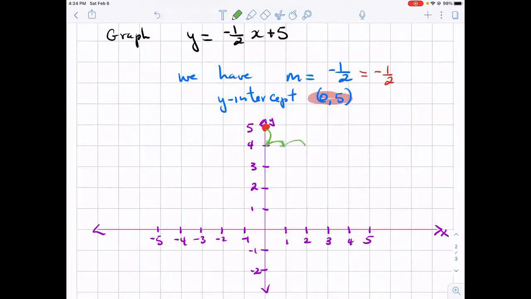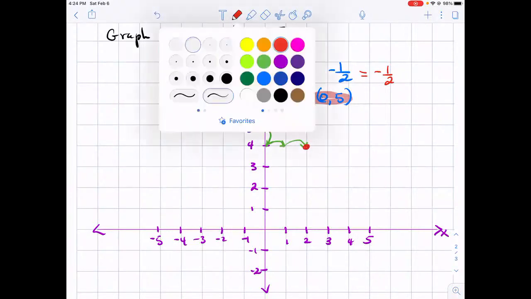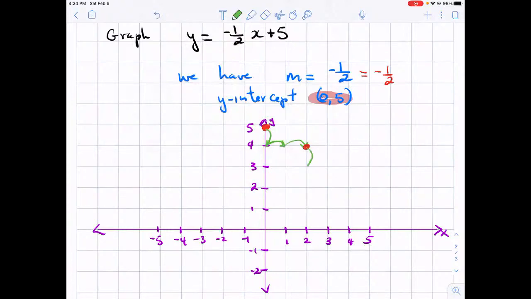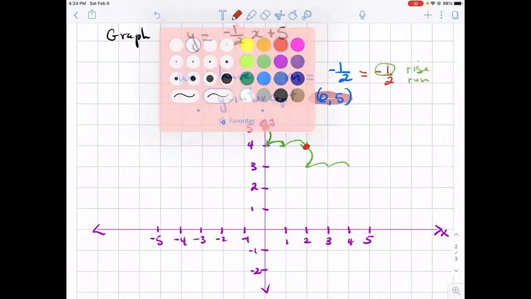And this would be my second point. I could repeat that again. I'll move down 1 unit because of the minus 1, and then I'll move 2 units to the right, 1, 2, because remember, it's the rise over the run. So here is another point if I want.